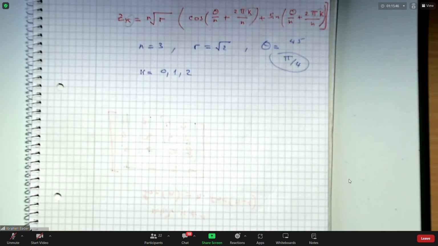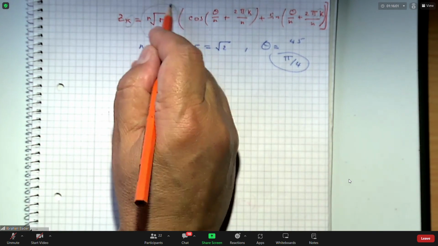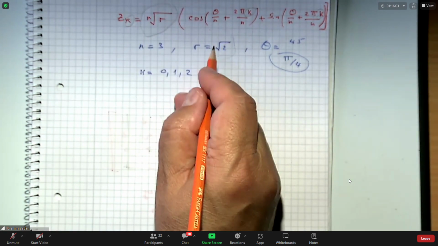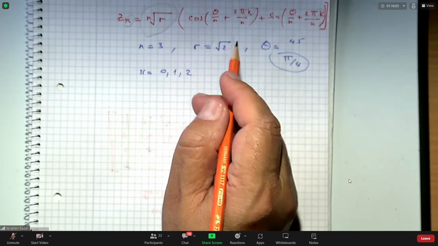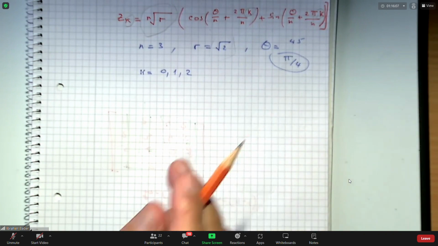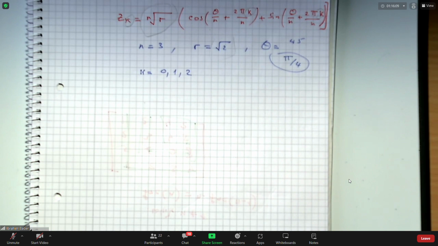If I need the fifth roots, I will plug in 0, 1, 2, 3, 4, and so on. I hope the procedure is clear for everyone. Now, square root of 2 to the power 3, we evaluated it in the previous. No, we didn't evaluate it. What is square root of 2 to the power 3?